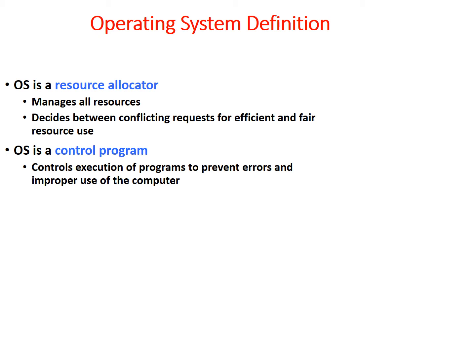The operating system is a resource allocator. It manages all resources and decides between conflicting requests for efficient and fair resource use. The operating system is also a control program.